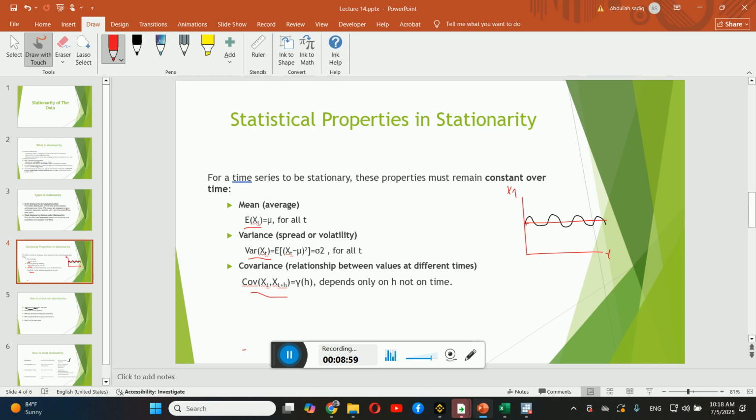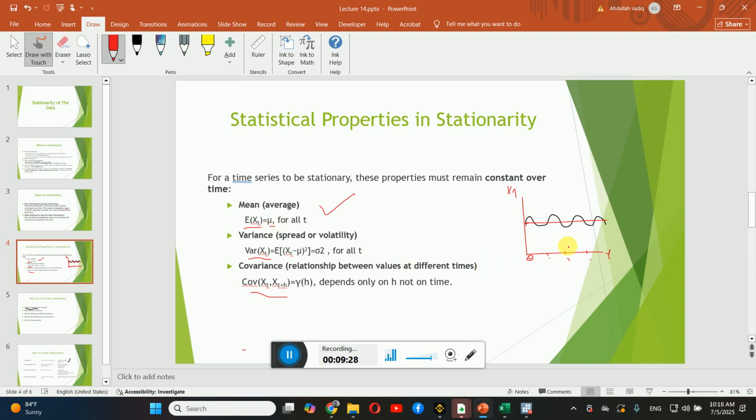So this is an example of stationary data where the mean value is constant. For each time period, you can observe that the mean value is constant. This is the average line here. So if the mean value of the xt points is constant, then you can say the first condition is met, or the expected value of xt is constant.